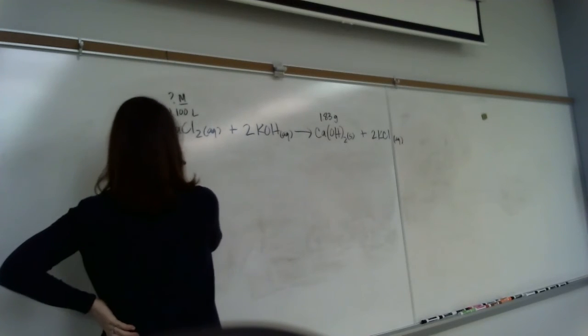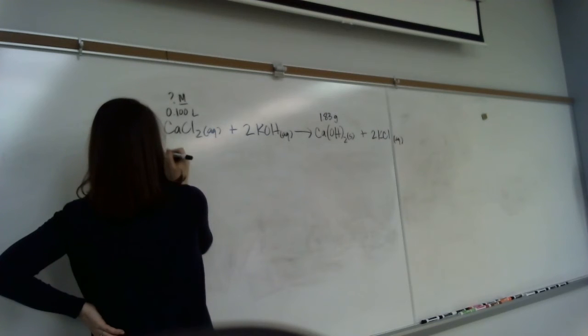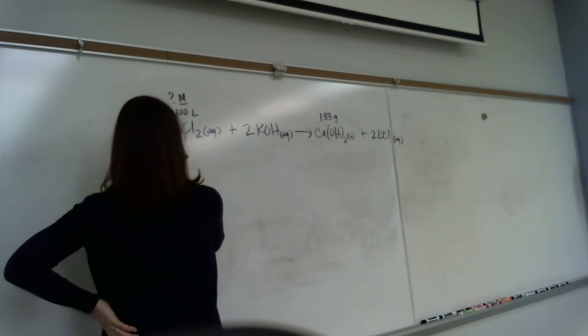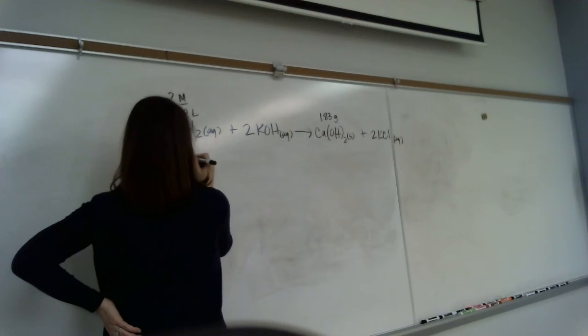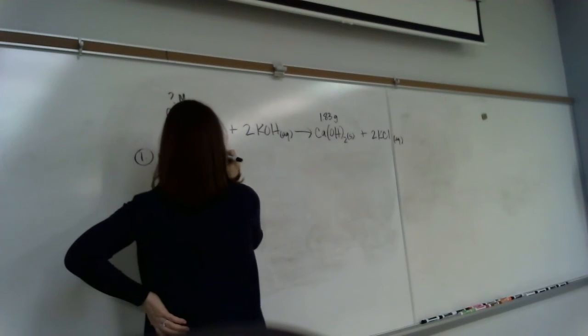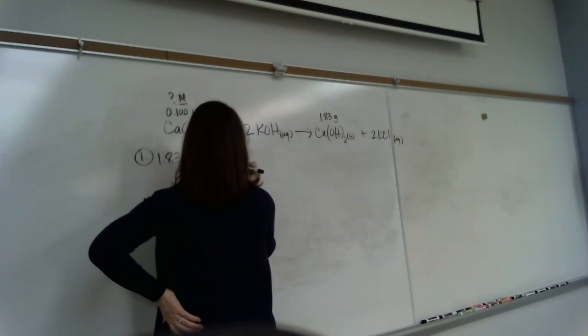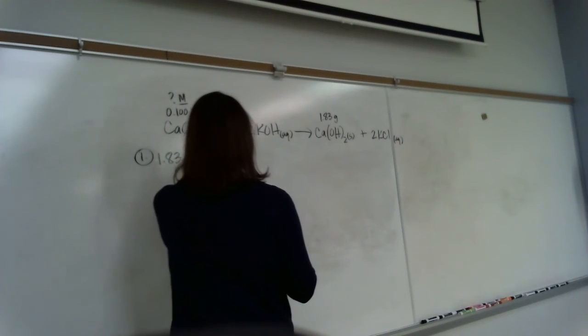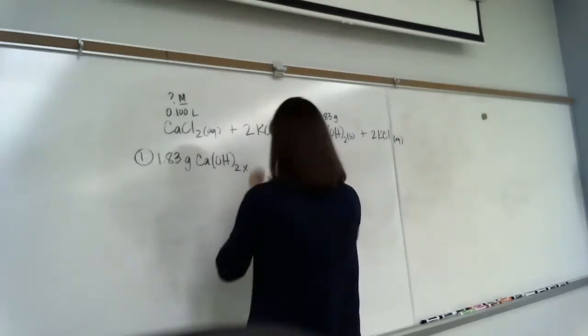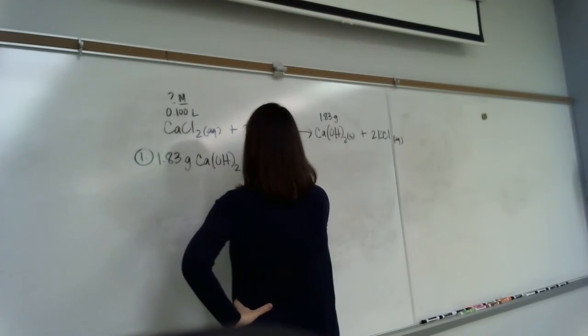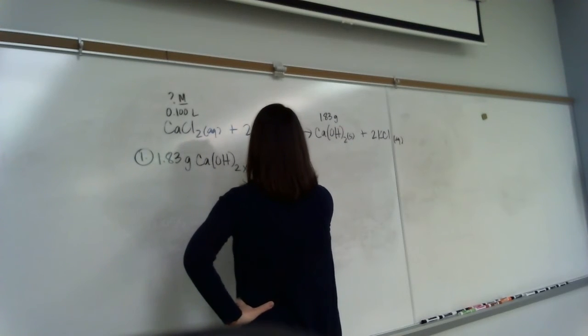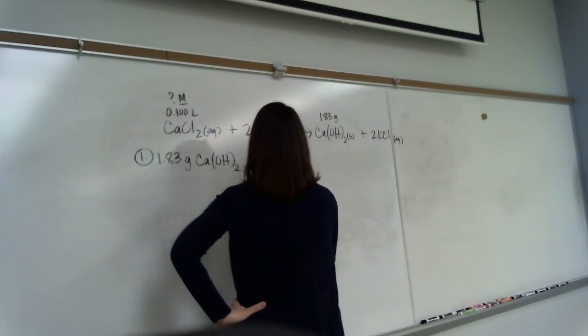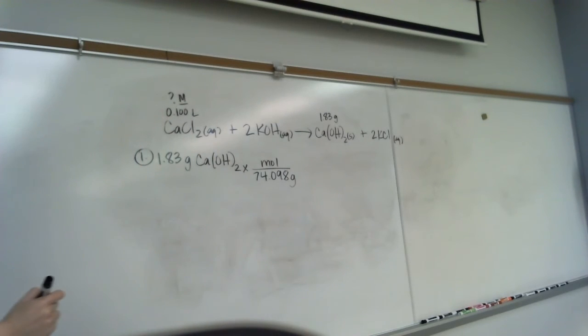So step one is going to be 1.83 grams Ca(OH)2 times 1 mole over 74.098 grams. Is that the molar mass? We used that in the previous problem. Was that the molar mass of calcium hydroxide? Yeah.